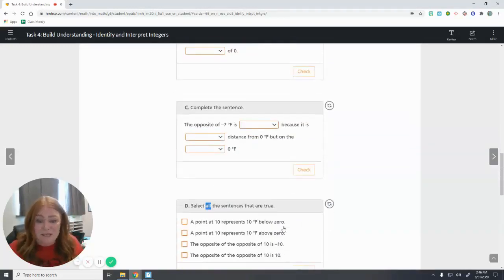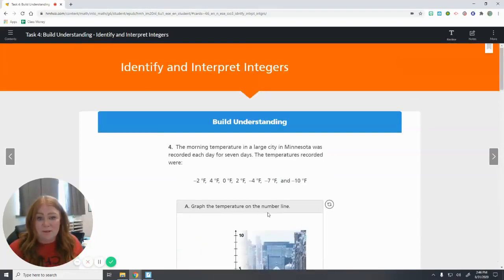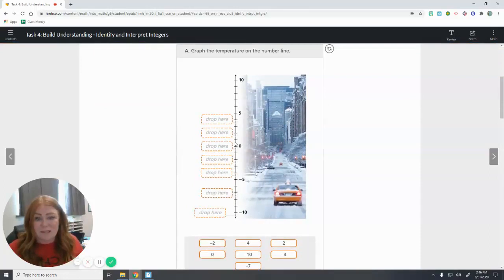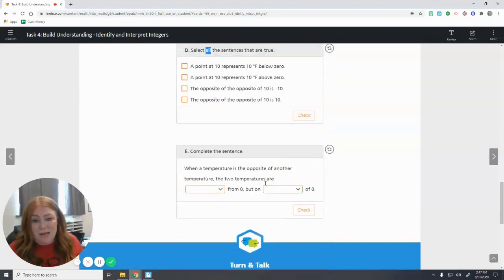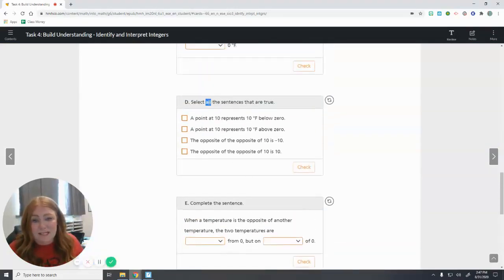So you need to read that first sentence and decide if that is true. A point at 10 represents 10 degrees above 0. So one of those is true, one of those is false. 10 positive is going to be above 0. So then go ahead and finish D and select all that are true.